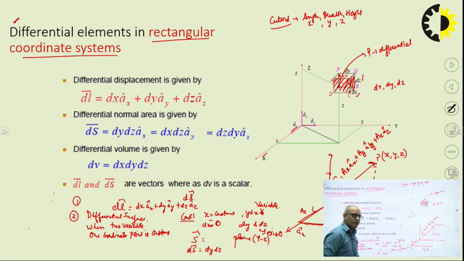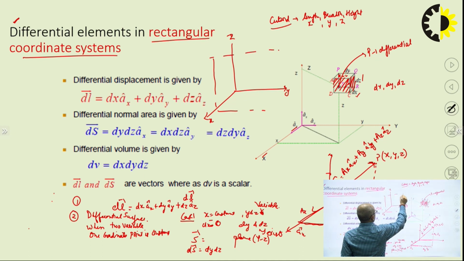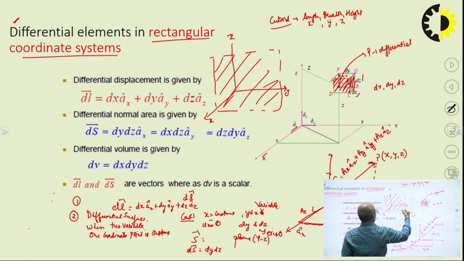Now the unit vector will be, as I have already told you, that if x is constant, this is z, this is y, and this is x. If x is constant, then this type of plane surface area will be formed. Clear?